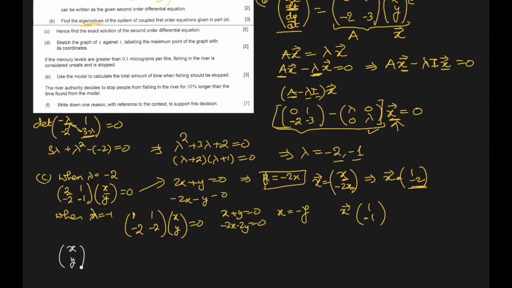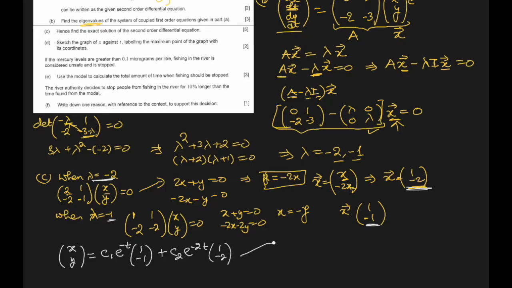Eigenvector x, y is equal to c1 e to the power, the first eigenvalue is minus 1, so minus t, and v1, the one we got, 1 minus 1, plus c2, the second constant, e to the power, and now we have the second eigenvalue minus 2t, and the vector we got was 1 minus 2.